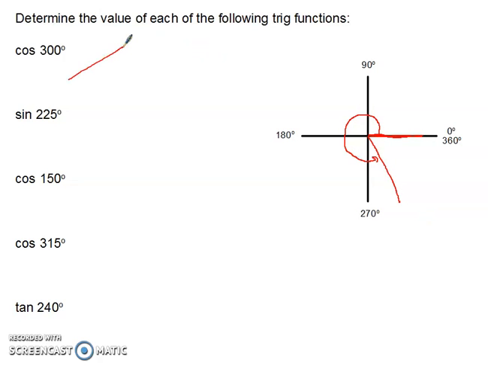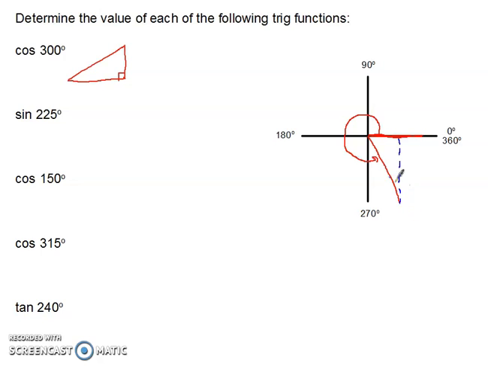Now we've only talked about trig functions as parts of a right triangle, so in this angle I can't create a right triangle from that 300 degrees. However, what I can do is take this terminal side and connect it back to the x-axis.